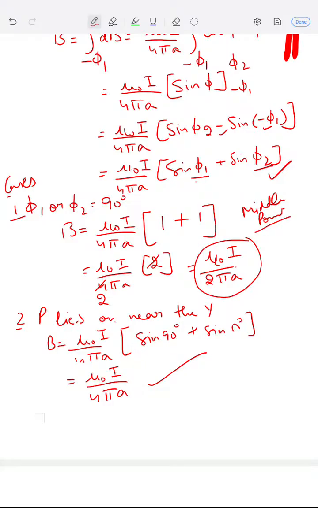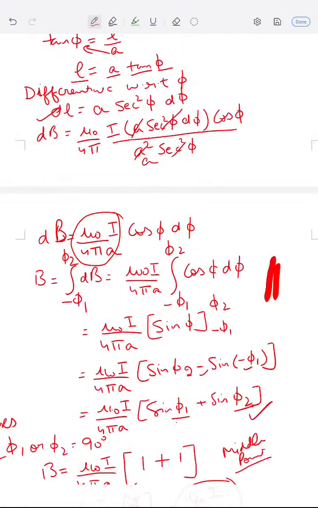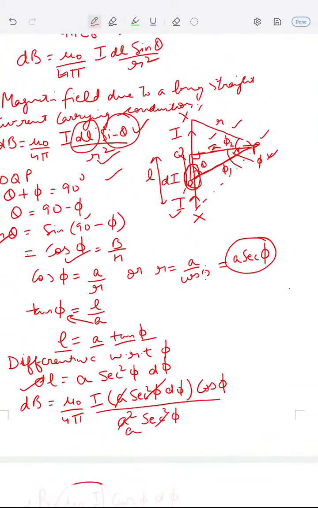So the next derivation we're going to discuss. First we need to revise the whole part. We have taken the long straight wire XY where the current I is flowing, and the point P where the magnetic field is produced. Point P is at the middle of the conductor from the point O, and we join the point P to Q, and the angles made are φ1 and φ2.